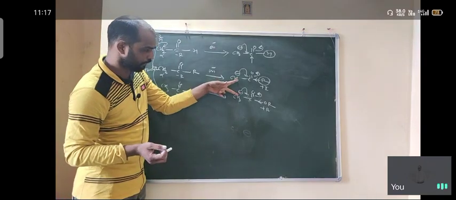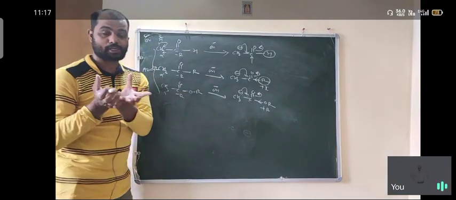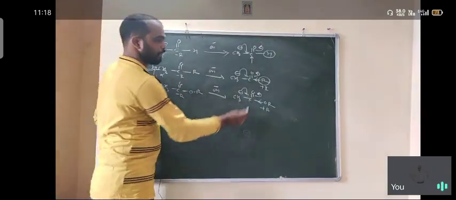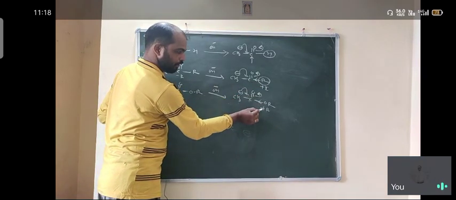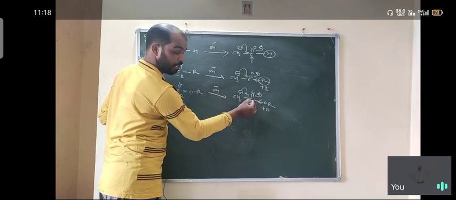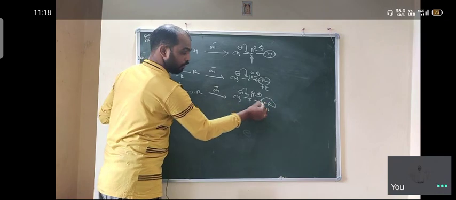If you compare these two, here is a plus I, here is a plus R. Plus R resonance is more powerful and effective as compared to inductive. As compared to inductive, resonance has more tendency to give electrons to the carbonyl carbon, meaning this deficiency is fulfilled by the OR group.